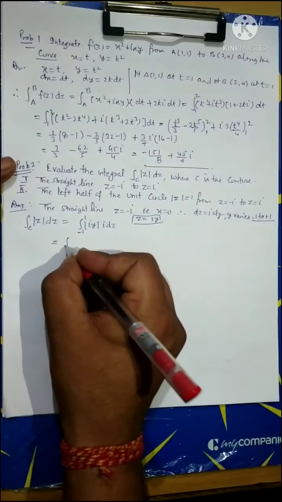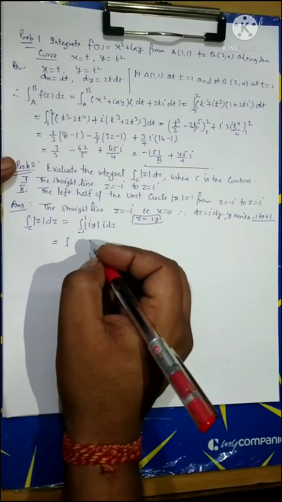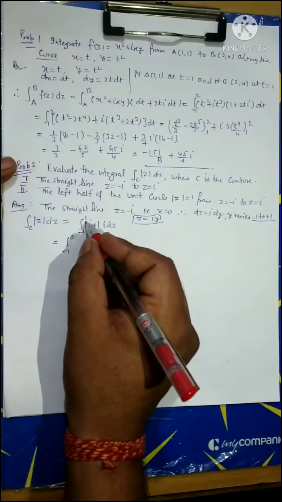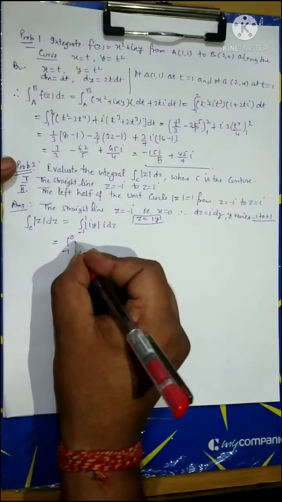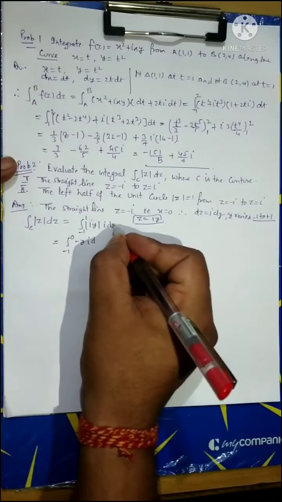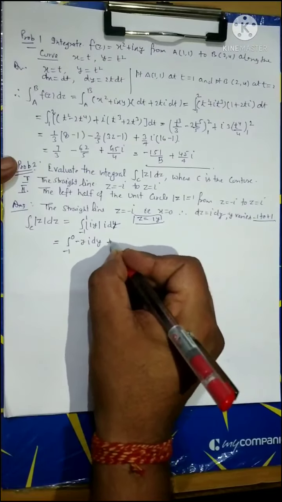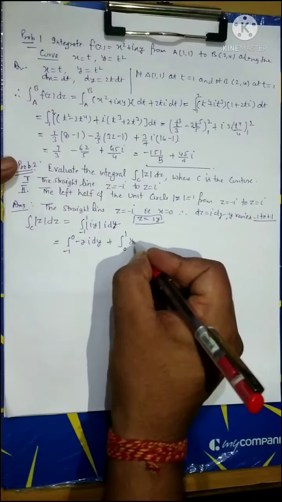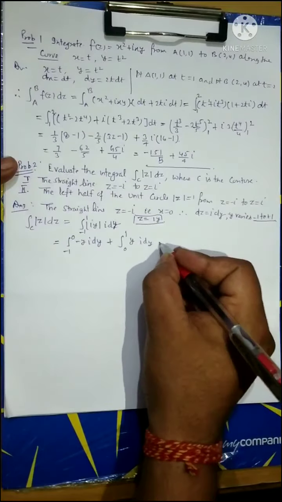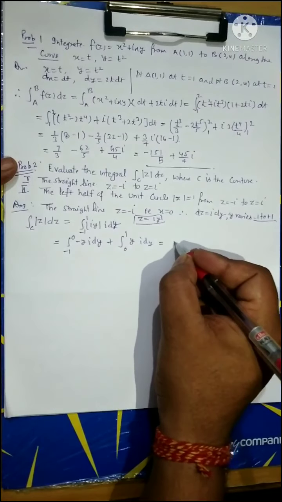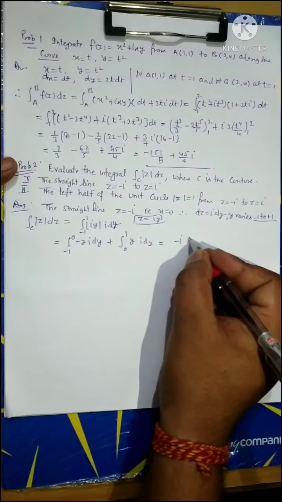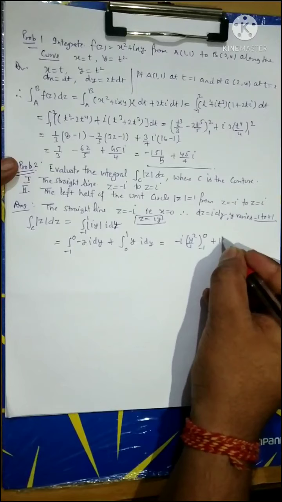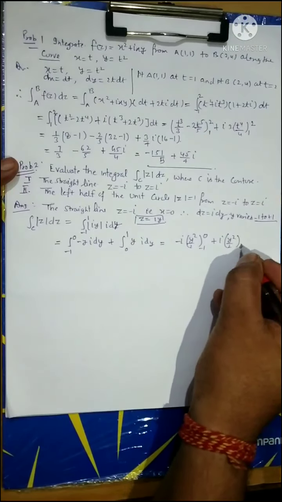Now we break the integral limit into −1 to 0, where the value of |y| is −y, plus the limit 0 to 1, where the value of |y| is y. This is equal to −i y²/2 from −1 to 0, plus i y²/2 from 0 to 1.